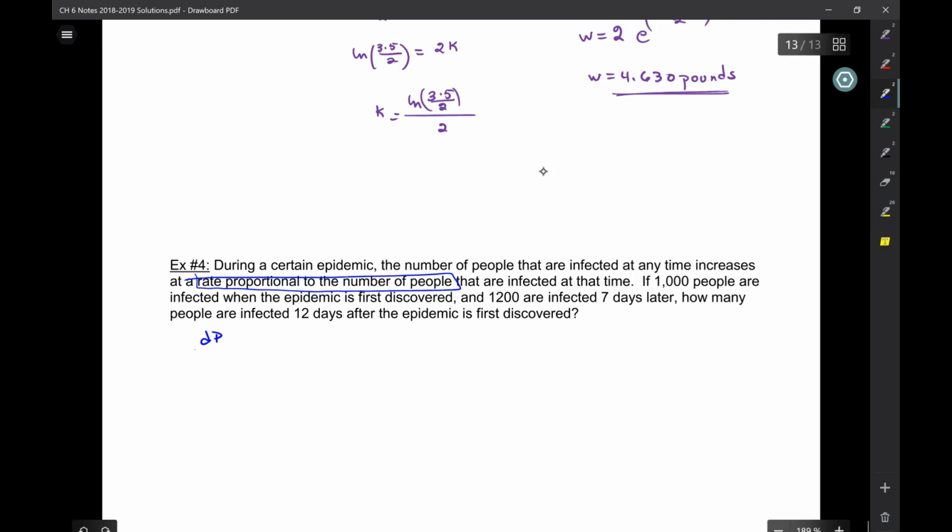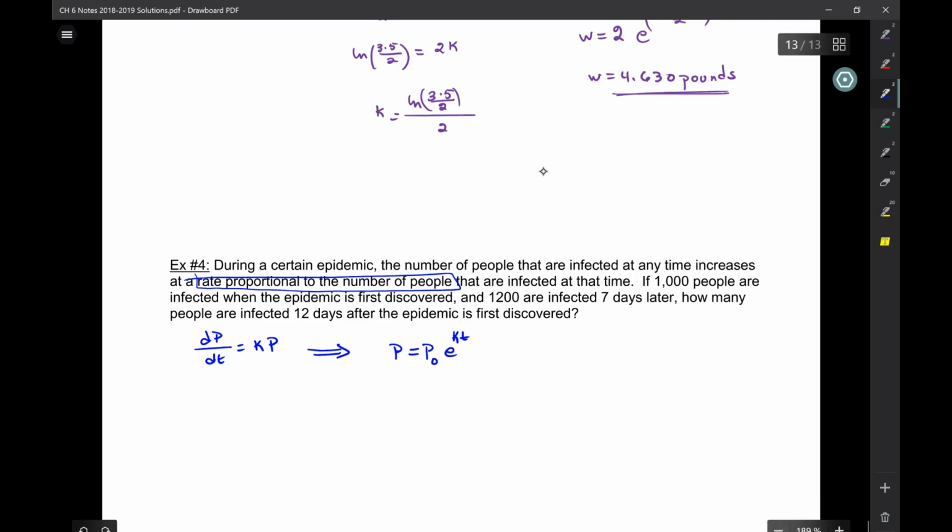So dP/dt is equal to what? kP, which means P is equal to P naught e to the kt. All that just from the phrase that I've highlighted in blue.